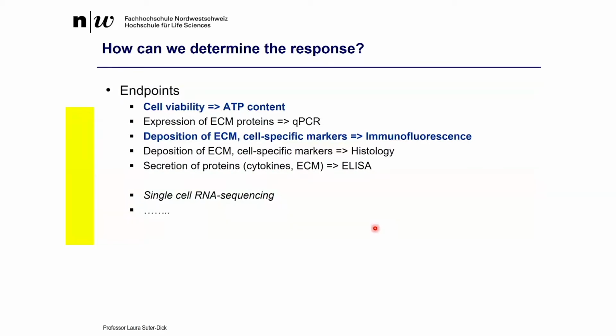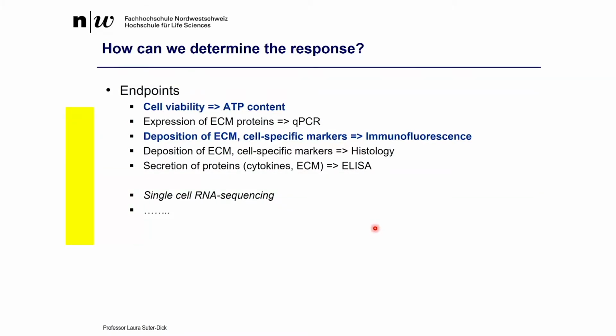This is highlighted in blue because it will be shown practically as well in a minute. Then we can do PCR, so we can lyse the cells in a similar manner as the lysis that we need to do with the ATP, but with a different buffer. And we can then analyze the gene expression of specific genes inside these microtissues.